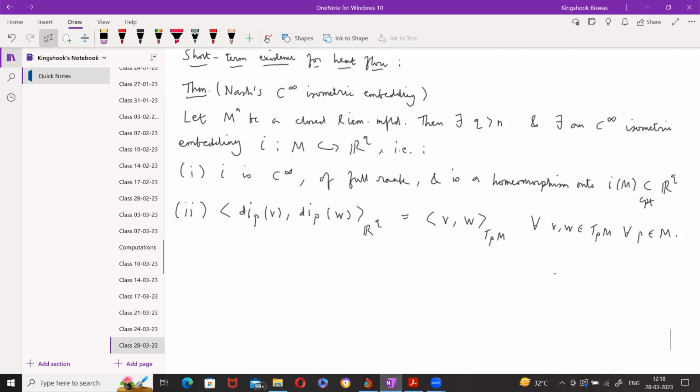Okay. So what we're going to do is, now, given M and N closed Riemannian manifolds, you let I be an isometric embedding of the target.